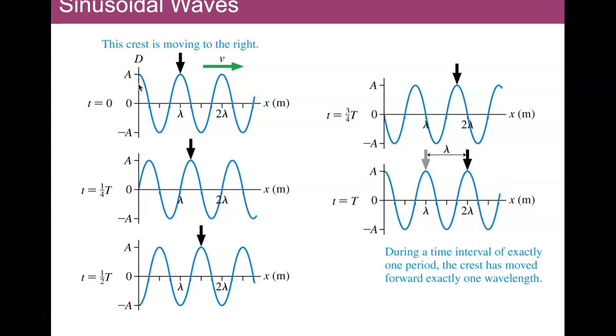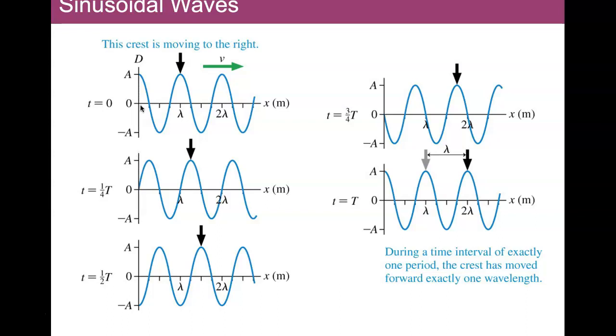So this is performing simple harmonic motion, right? So as, for example, this thing moves forward by a quarter of the period, well, this goes from the peak to 0, right? The full period will be going from A to 0 to minus A, back to 0, and back to A, right? So in a quarter of it, the displacement at this point should go from A to 0.